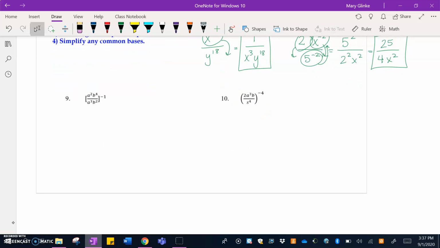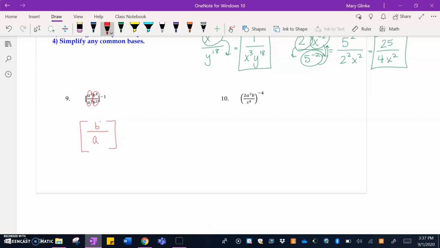So for number 9, you notice how there's 2 a's and 2 b's there? We can simplify these first. A squared over a cubed means there's an extra a in the denominator. 2 of them cancel out. There's 1 left. It's left in the denominator. We also have 2 bases of b. There's 4 b's in the numerator, 2 in the denominator.